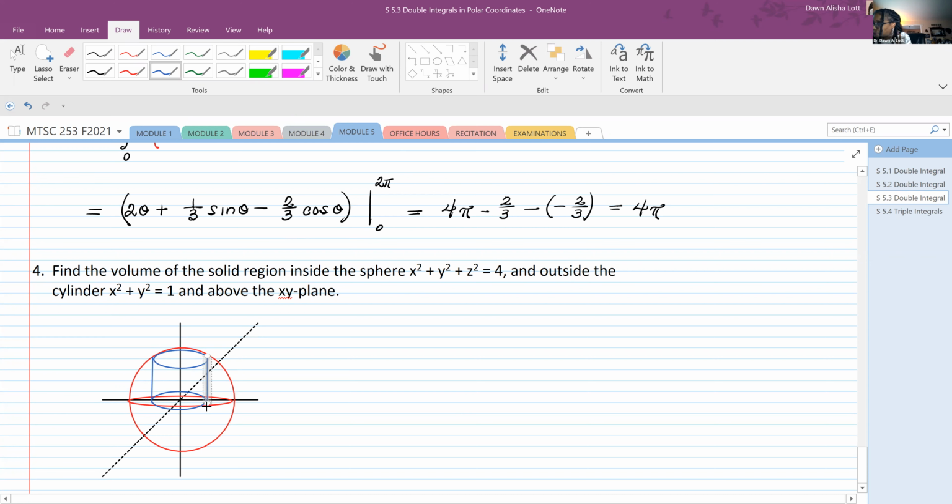I think that by far is the best picture I've drawn this whole semester. That looks pretty awesome. We're not worried about what's happening down below.